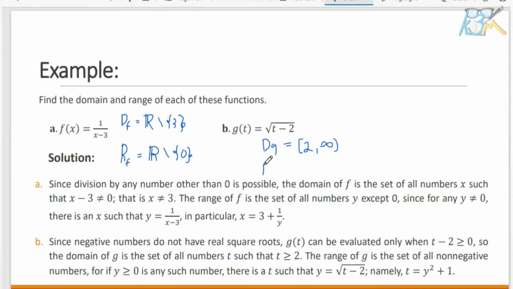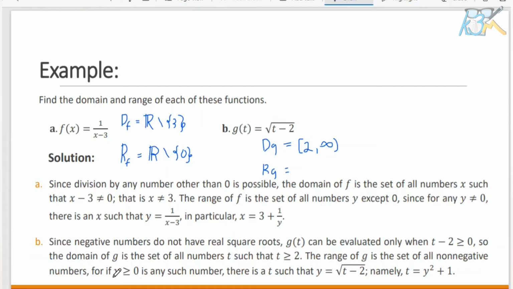Now for our range. The range of g of t is the set of all non-negative numbers.